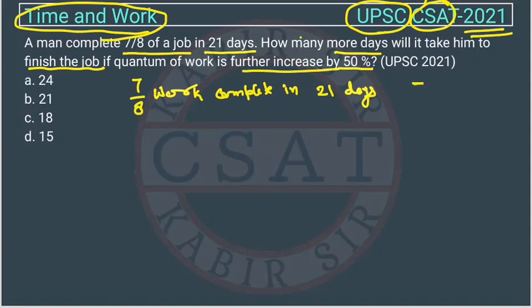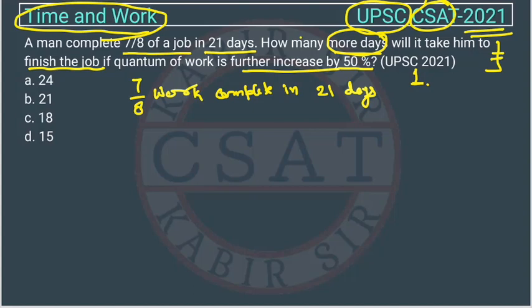We need to see in this CSAT paper that we need to understand the language, right. This language is very important. If you are able to decipher it, you can solve the question. First, the question is asking about the remaining work, because they have asked how many more days it will take him to finish the job.